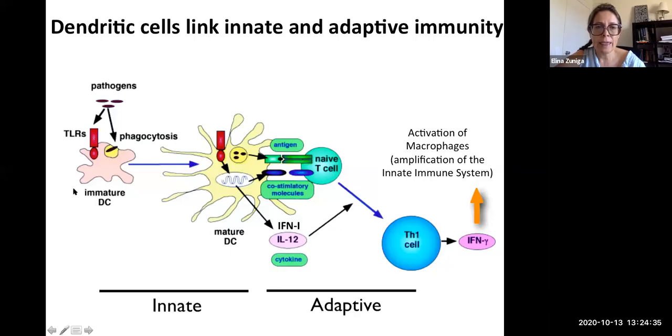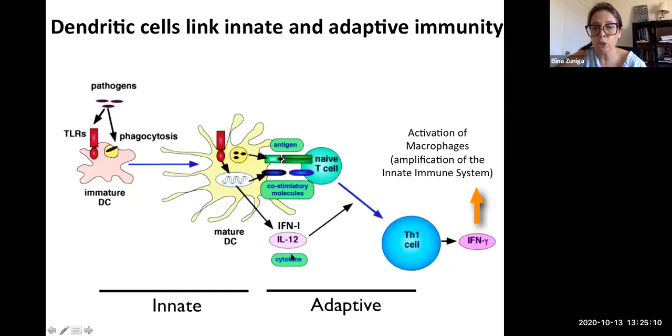So they link innate and adaptive immunity because they first sense the pathogen with innate receptors, such as pathogen recognition receptors. And then they will uptake the pathogen and present antigens derived from this pathogen in MHC molecules that will be recognized by the TCR in the naive T cells. They also upregulate co-stimulatory molecules that are important for activating these naive T cells.